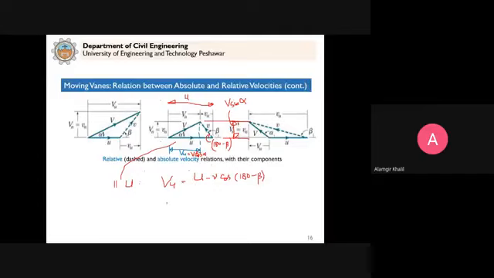So now in this case, what we can write down is cos of 180 minus beta.